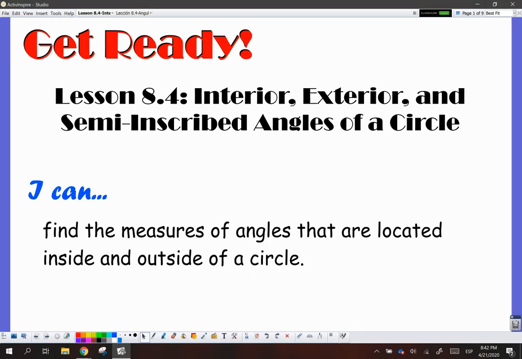This is Mr. Garcia, and today we're on lesson 8.4, which is talking about interior, exterior, and semi-inscribed angles of a circle. Let's look at our objective. I can find the measures of angles that are located inside and outside of a circle.